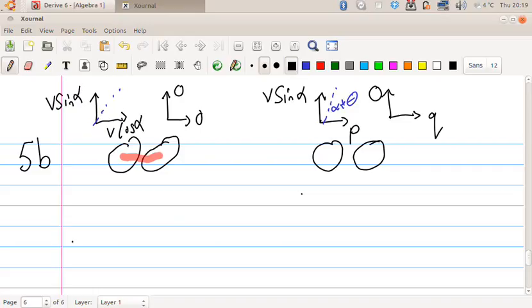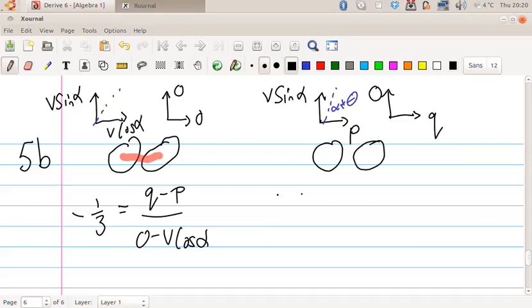So we can apply conservation of momentum and we can apply restitution. I'm going to use the restitution formula first in the horizontal direction because that's the only one where the collision takes place. So you have minus E, and we know that is a third. So minus E equals Q minus P over 0 minus V cos alpha. Now also we can apply conservation of momentum again in the horizontal because that's where the collision is taking place.